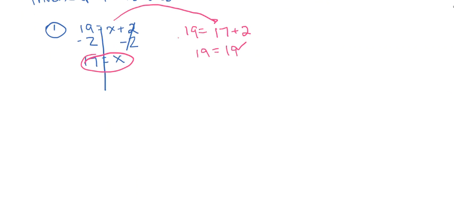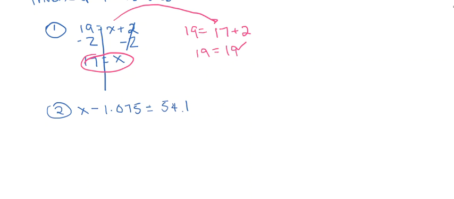Let's step it up a little bit now. Let's do a problem involving decimals. So number 2, x minus 1.075 is equal to 54.1.